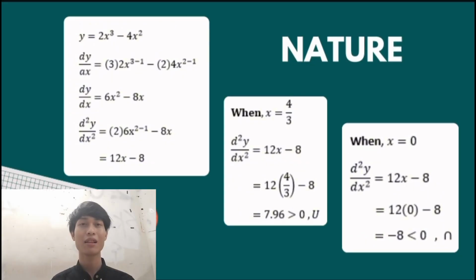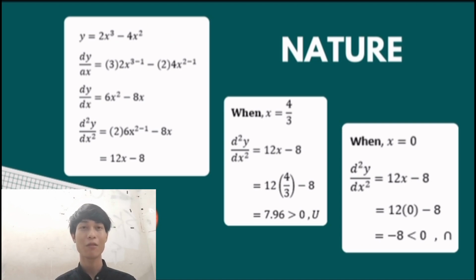The first derivative will be 6x^2 minus 8x, and then we're going to do the second order. The second order is just the same as the first order, but instead we use the answer of the first order to differentiate again. As the first order, we already got the answer 6x^2 minus 8x.